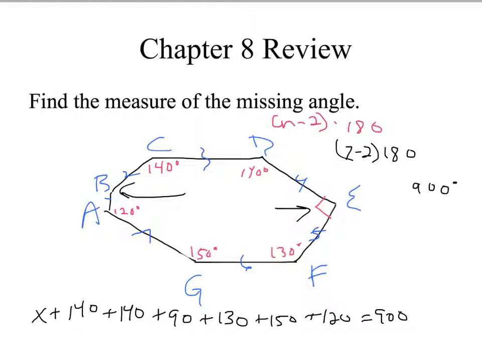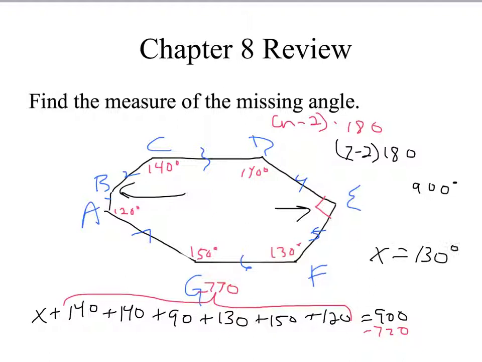When you take 140 plus 140 plus 90 plus 130 plus 150 plus 120, you get 770. So all of these angles equal 770. And as you're noticing, it turns into just simple algebra. You subtract 770 from each side, and you get x is equal to 130 degrees.